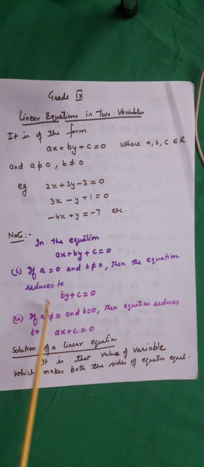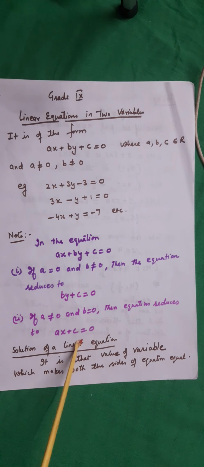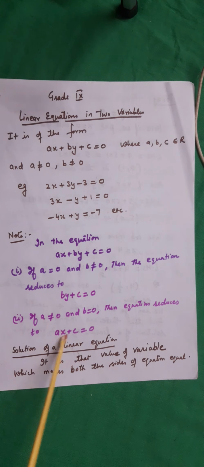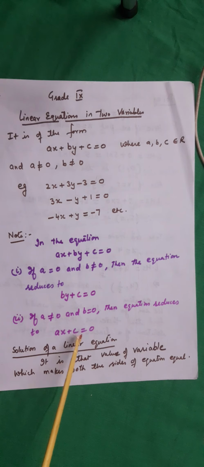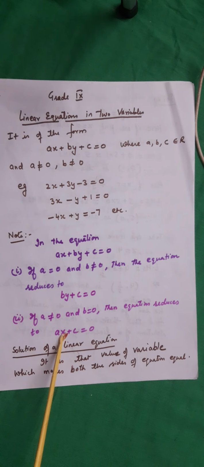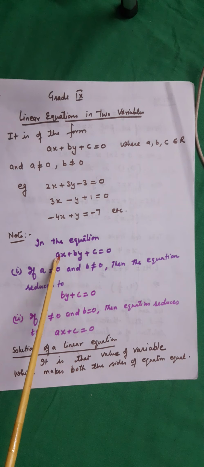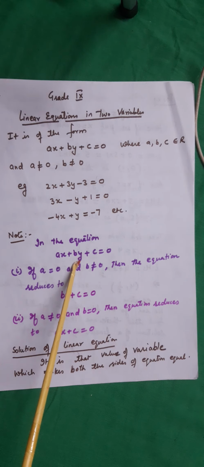Similarly, if a is not equal to 0 but b is equal to 0, then this equation would reduce to ax plus c is equal to 0, which means it becomes a linear equation in one variable x. So it does not remain a linear equation in two variables. For that purpose, neither a should be 0 nor b should be 0.